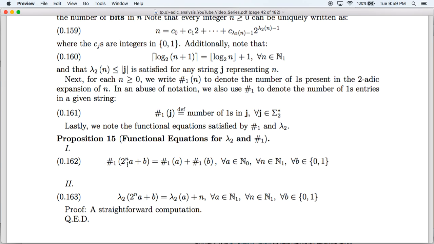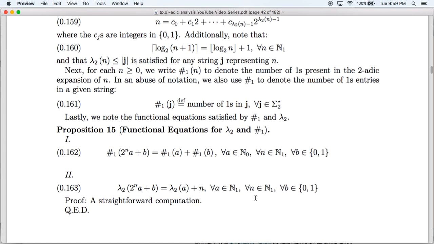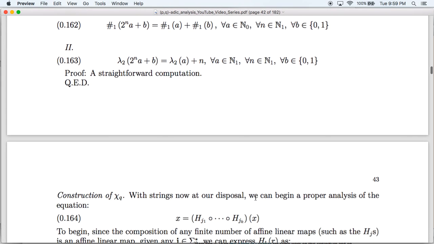The number of ones of 2^n a plus b is the sum of the number of ones of a and b. This does not work if n is 0. And the number of digits in 2^n a plus b is the number of digits in a plus n. This does not work if a or n is 0, and the proof is a straightforward computation.